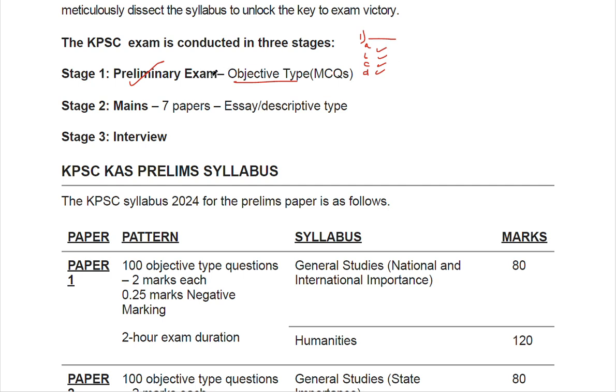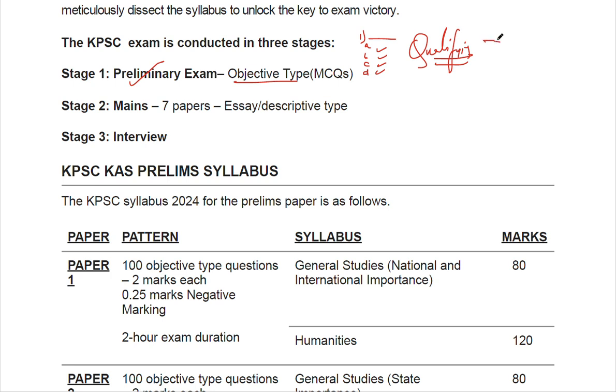So this is your MCQ format and you have to select the right answer. This is usually a qualifying round where you have to score a certain number of marks to qualify the prelim stage. This qualifying mark is decided by the KPSC Commission, and it will be updated by KPSC on their site.